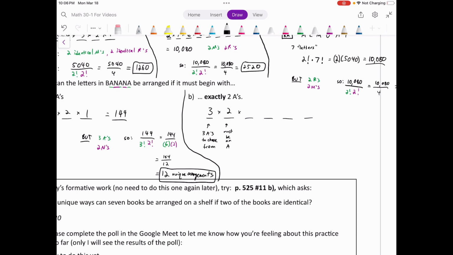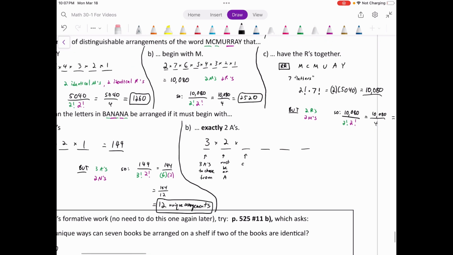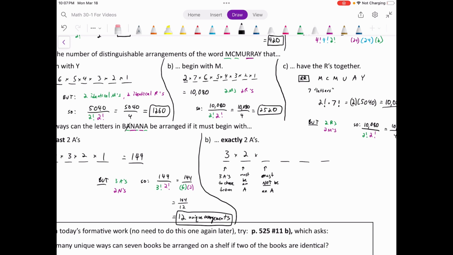But can this letter now be any of the remaining 4 letters? No, it can't be. This cannot be an A, right? Because then it doesn't begin with exactly 2 A's. It would begin with 3 A's. Okay, so this must not be an A. Meaning that, if we think about it, we've used 2 of our A's.